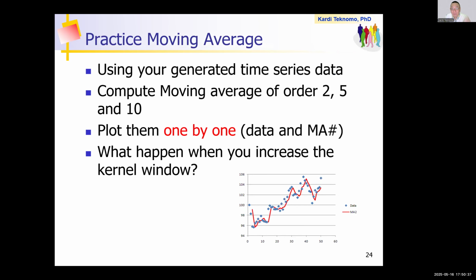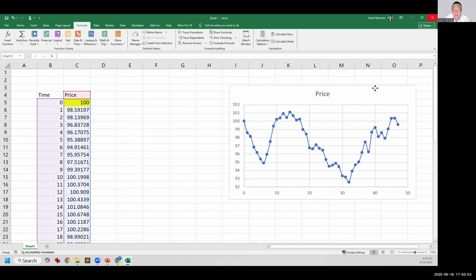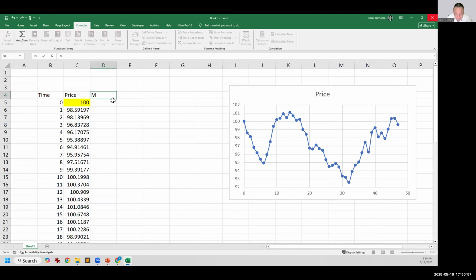So let's do this moving average in our time series oil data. To check this, say you have this one. Now I will have MA. In MA there is one parameter.